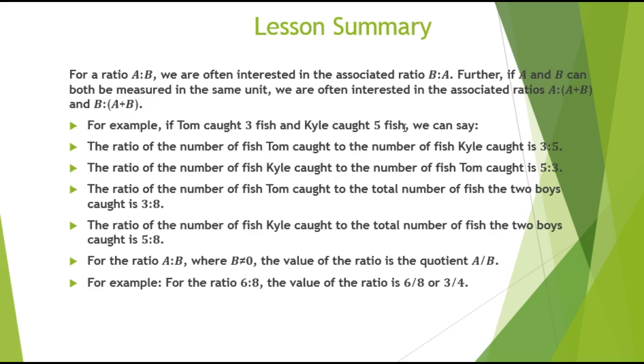For example, if Tom caught 3 fish and Kyle caught 5 fish, we can say the ratio of the number of fish Tom caught to the number of fish Kyle caught is 3 to 5. The ratio of the number of fish Kyle caught to the number of fish Tom caught is 5 to 3. The ratio of the number of fish Tom caught to the total number of fish the 2 boys caught is 3 to 8. The ratio of the number of fish Kyle caught to the total number of fish the 2 boys caught is 5 to 8.